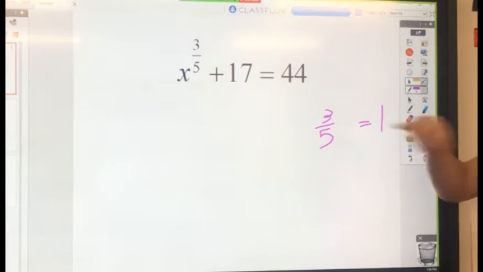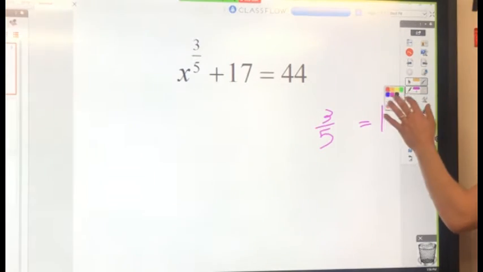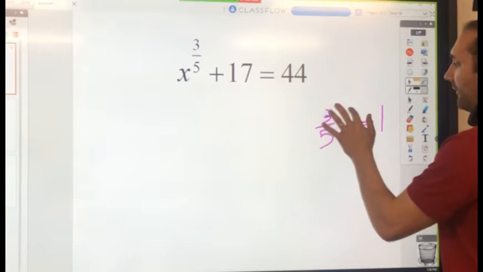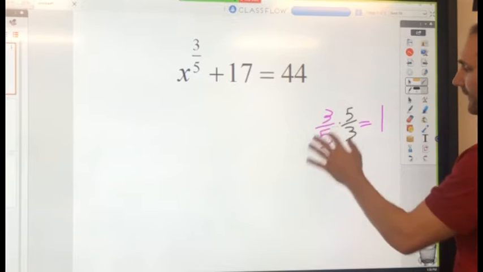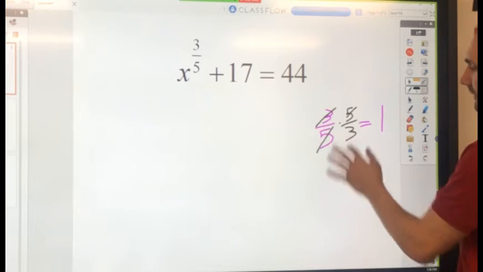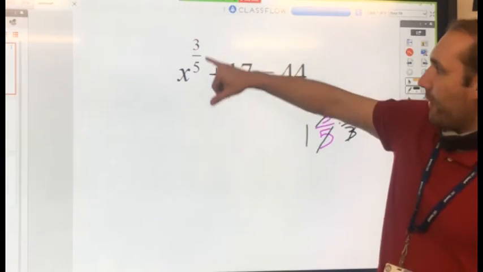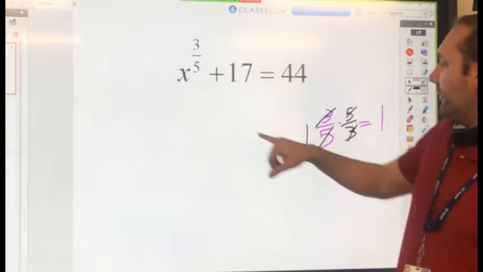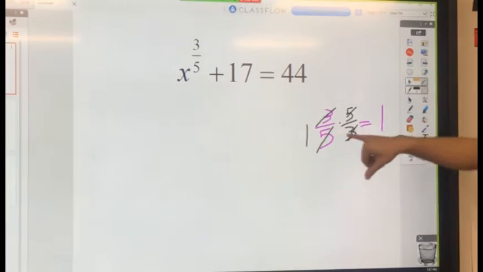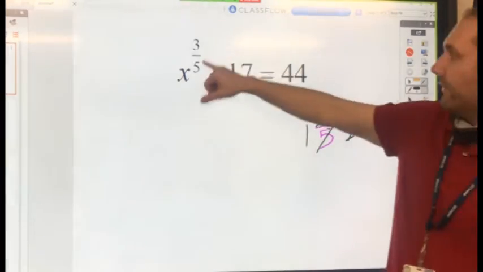Do the reciprocal. The reciprocal, very good. If I multiply this by 5 over 3, then this 5 cancels with that 5, and this 3 cancels with that 3, and it becomes a 1. So for today, how we're going to get rid of these rational exponents is to raise it to an exponent of the reciprocal.